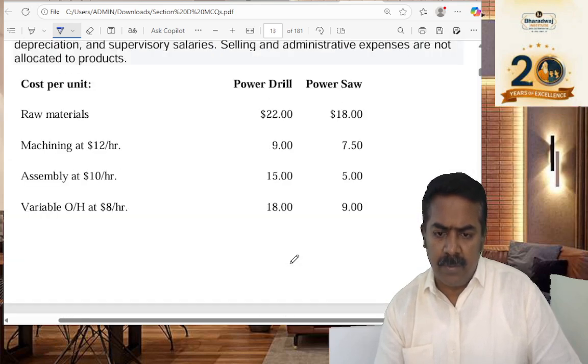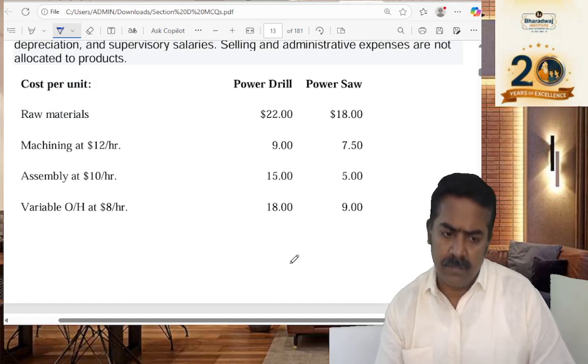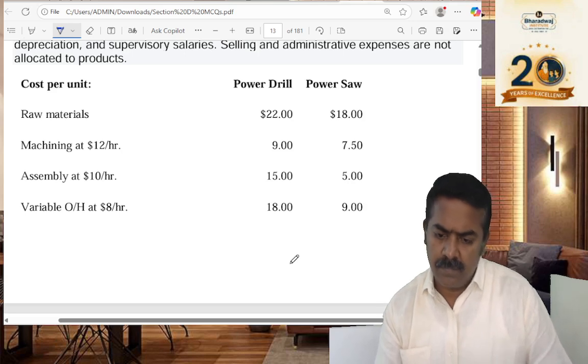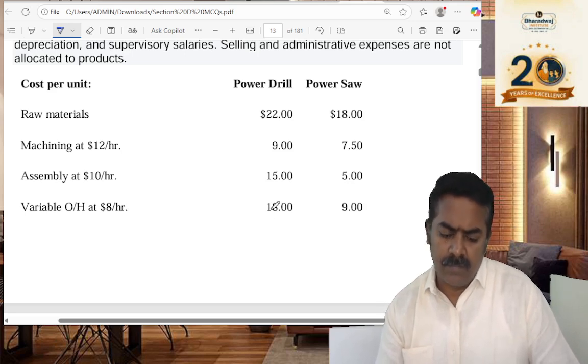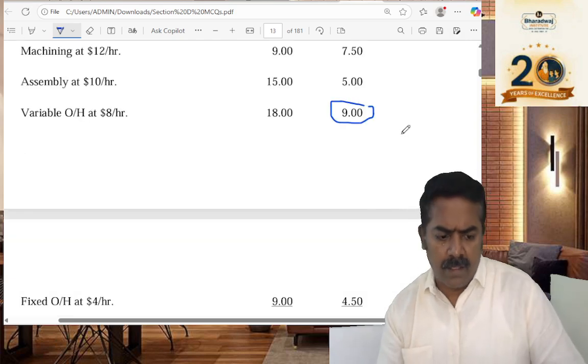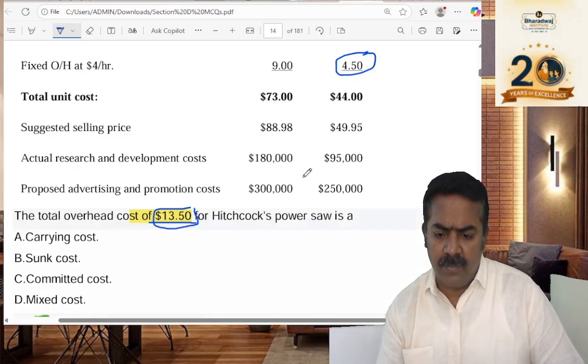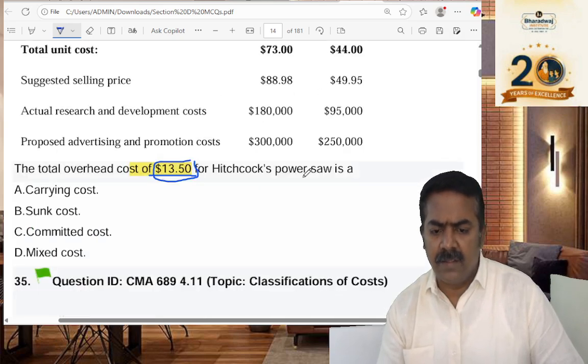What comes to 13.5? 9 plus 0.5. Variable 9. 9 plus 4.5. How much does it give? 13.5.